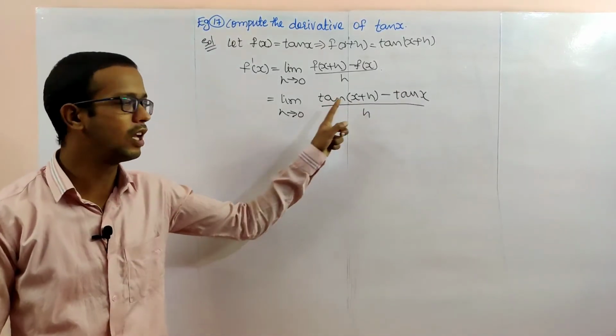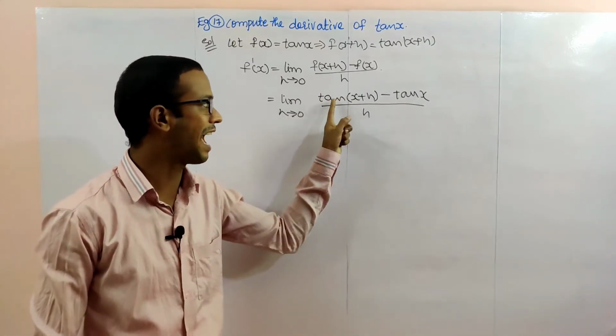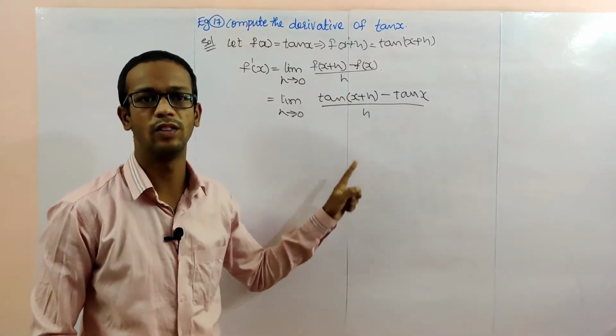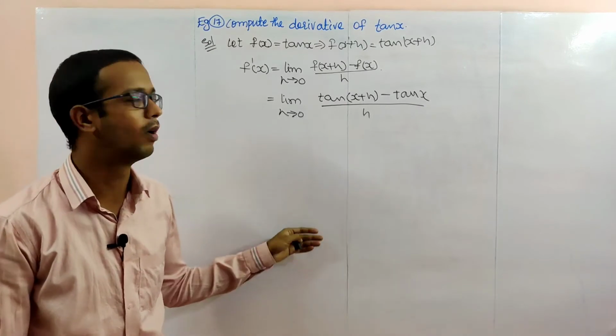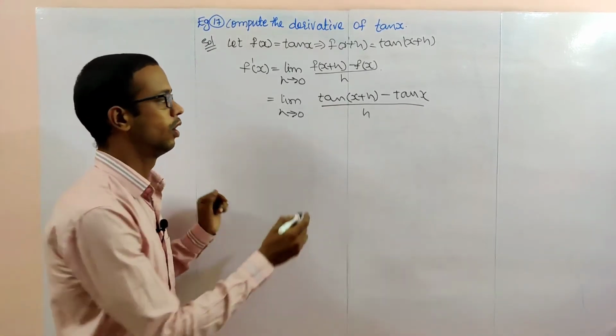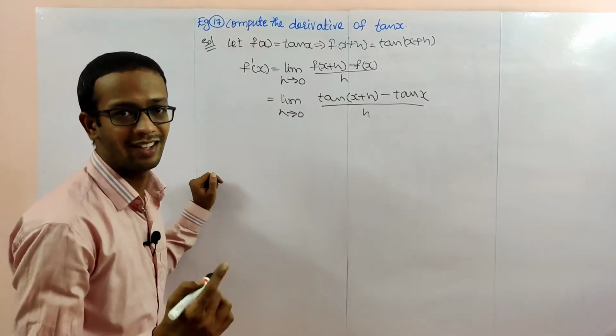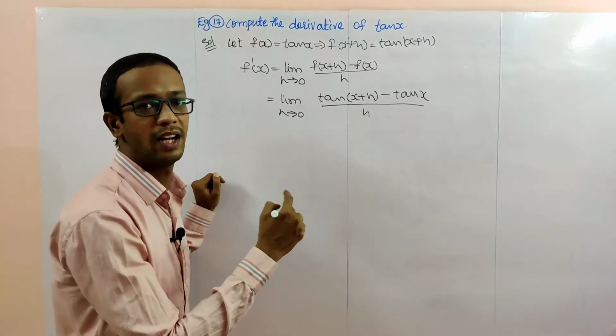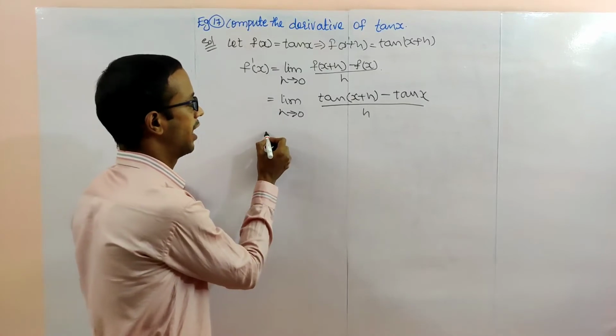If you substitute the limit 0, we get tan x minus tan x by 0, which is 0 by 0, an indeterminate form. But we don't have a tan x minus tan y formula. Sin x minus sin y and cos x minus cos y are there, but for tan x minus tan y we don't have a direct formula.